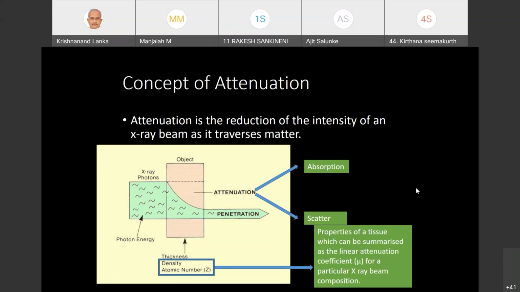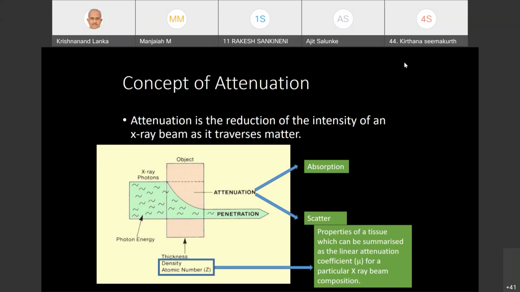Through this Z number also we can estimate. It is a property which can be summarized as the linear attenuation coefficient for a particular X-ray beam composition. All right.